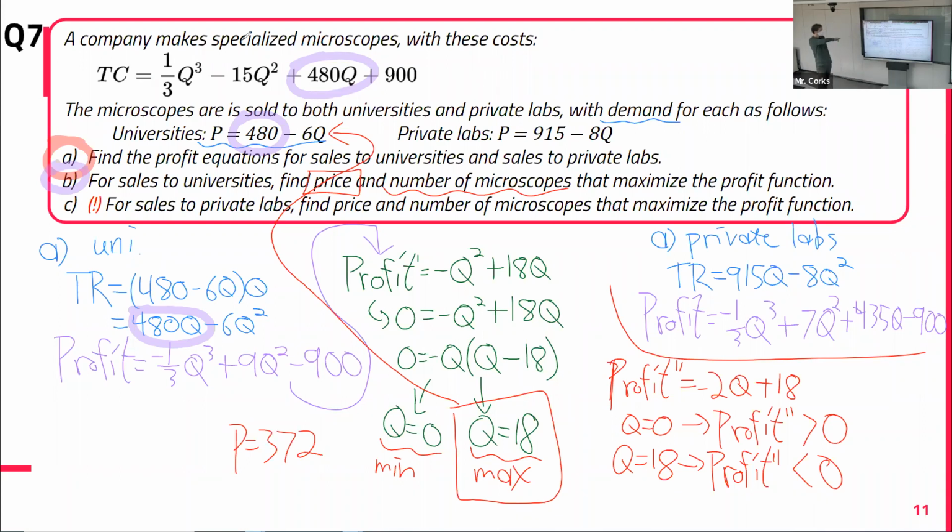Part C here is the same process, but we're going to have a bunch of roots that don't simplify, and the answer is just going to look really ugly, but still doable.